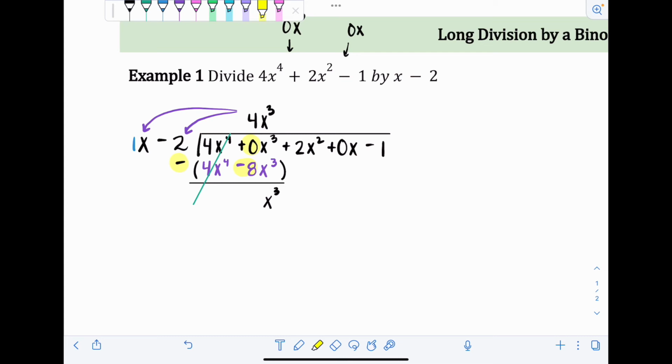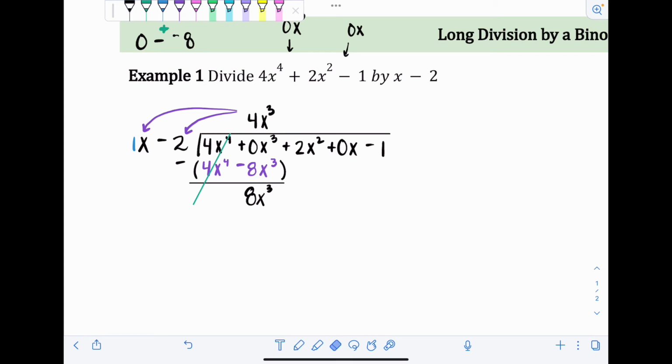So 0 minus negative 8, a double negative turns into a positive. So this would actually be a positive 8x cubed. That's why I like to use parentheses, so we don't forget that we're subtracting. So 0 minus 0x cubed minus a negative 8x cubed is a positive 8x cubed.